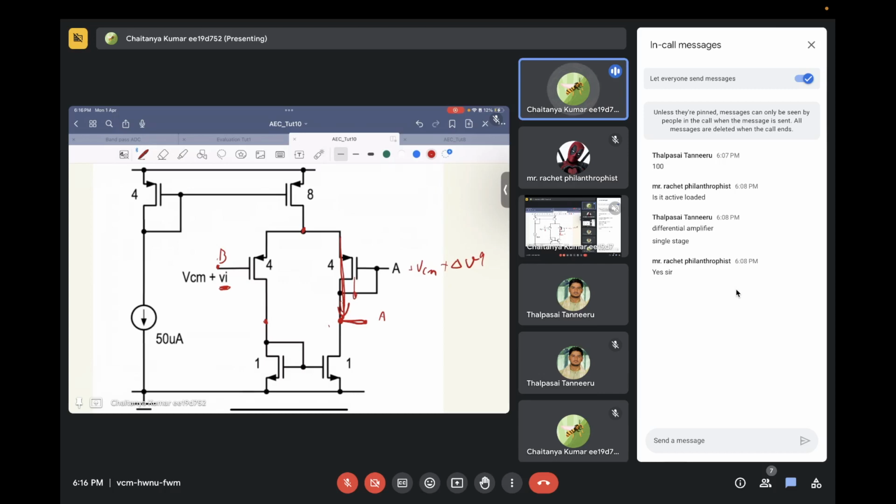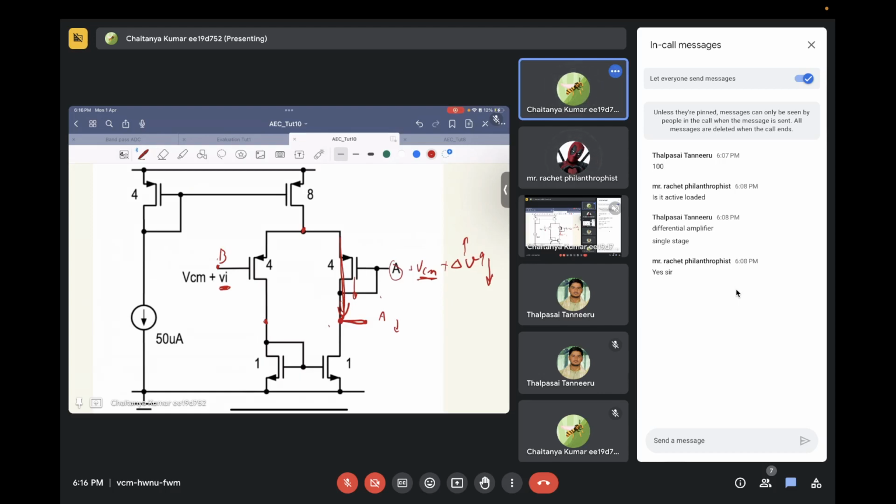So what will happen to the voltage of node A? It will decrease. So basically, if due to some disturbance the voltage at this node is trying to go up, the negative feedback mechanism will make sure that it comes back to the original value of VCM. Do you understand?